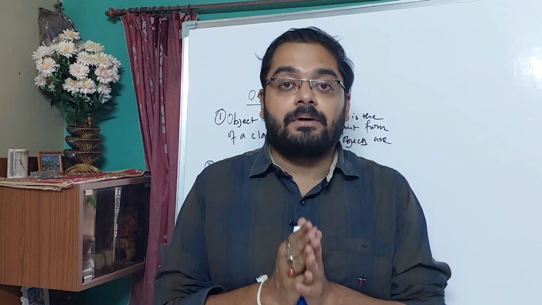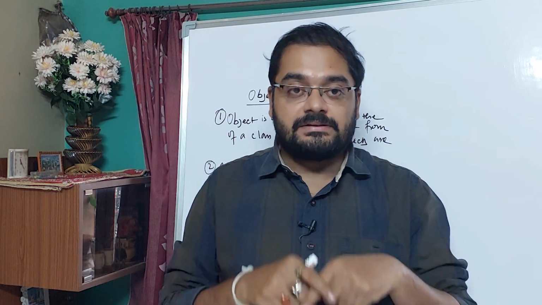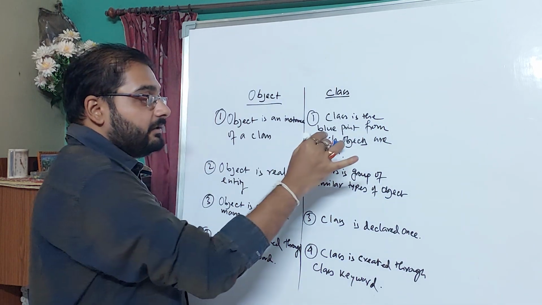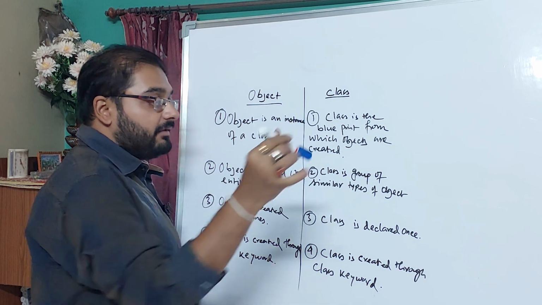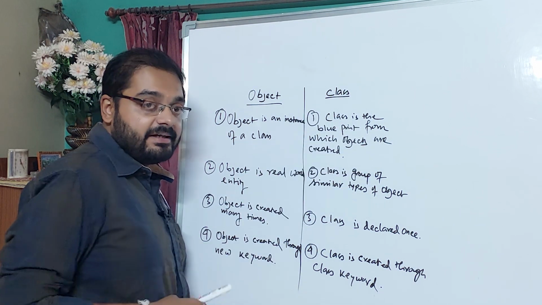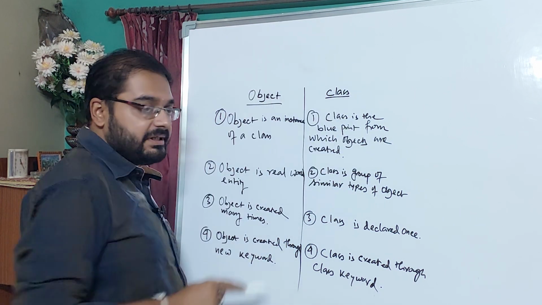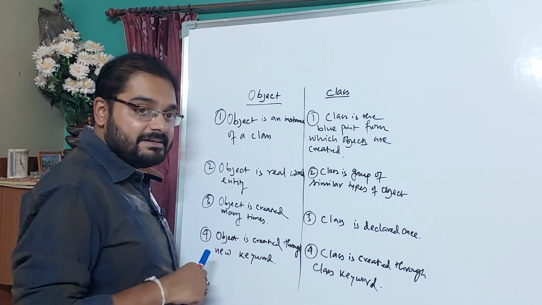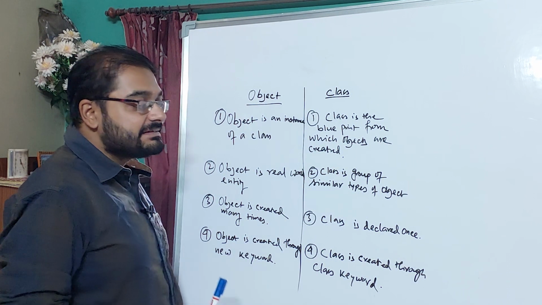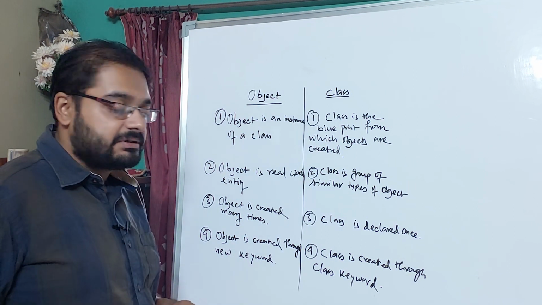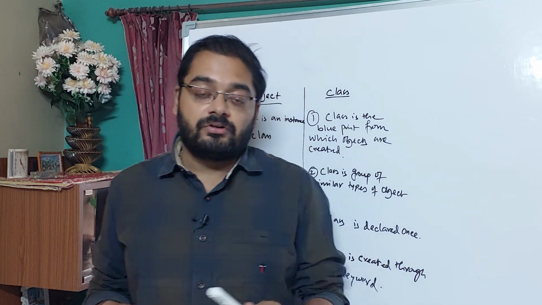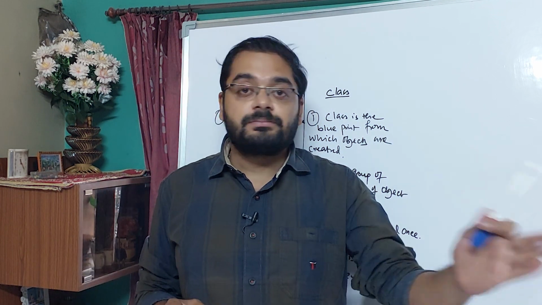The pre-planned plan is called the blueprint. So the class is the main blueprint of the program, from which objects are created. From class we can create the objects. Then the second point: object is a real world entity, and the class is a group of similar types of object. For this reason I told before that the class is called the object factory.